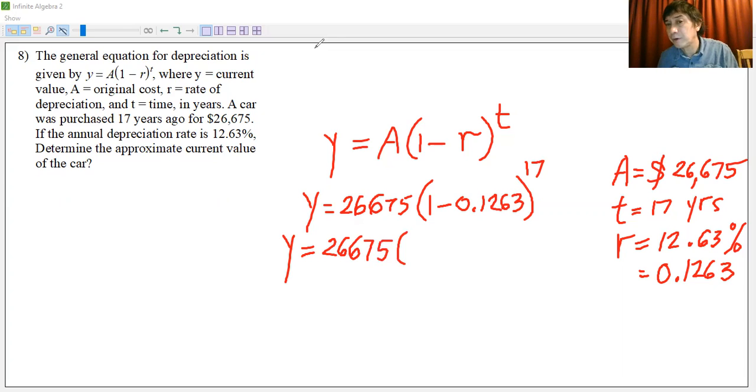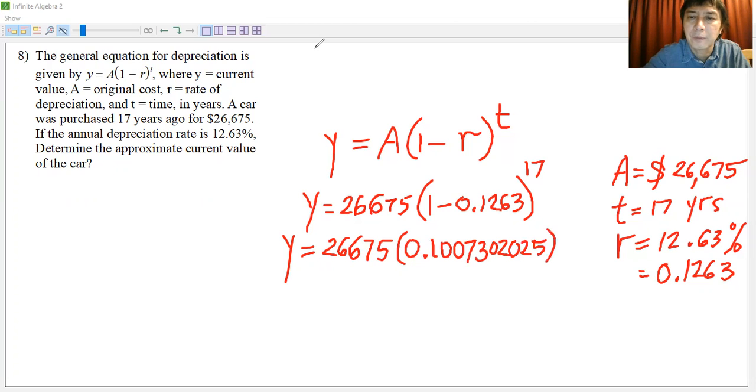Let's compute for the value, the right side, 1 minus 0.1263 raised to 17. And this is 0.1007302025. Okay, we multiply this by the initial cost of the car. So times 26675.